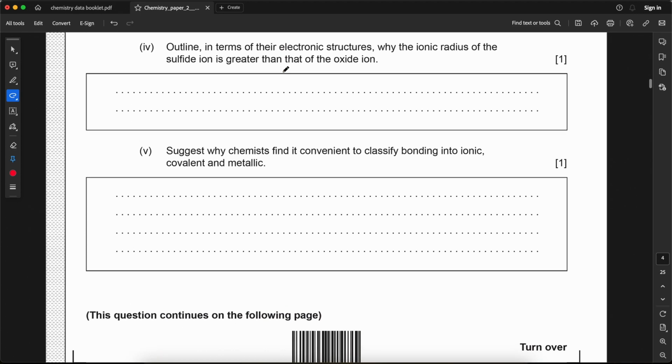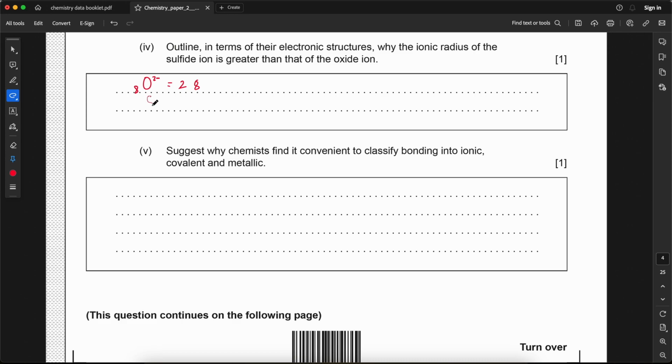Outline, in terms of their electronic structures, why the ionic radius of the sulfide ion is greater than that of the oxide ion. Oxygen with atomic number 8 and the charge 2- becomes 2, 8. So now total electrons are 10, so 2 and then 8.